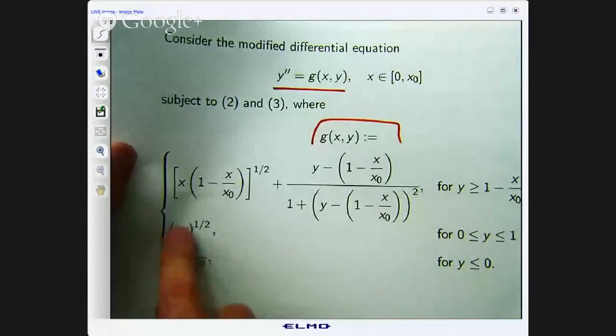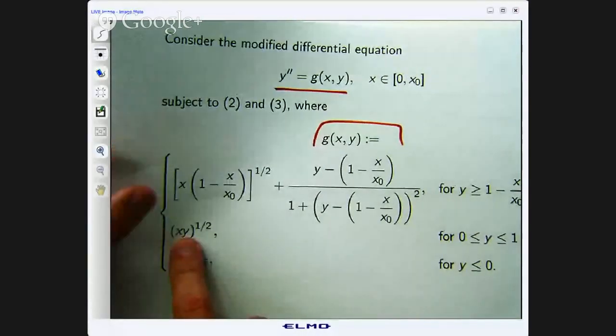The challenge now is to show that there's at least one solution that lies in the place where G or F is unmodified. That's where G and F are identical. So that's what we're going to try to do now. We want to show that solutions lie in here because there G and our F are the same function.